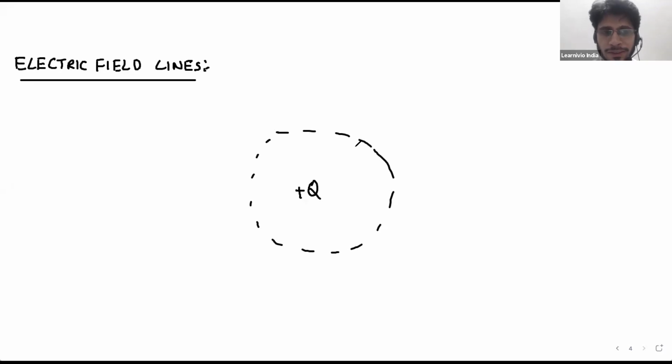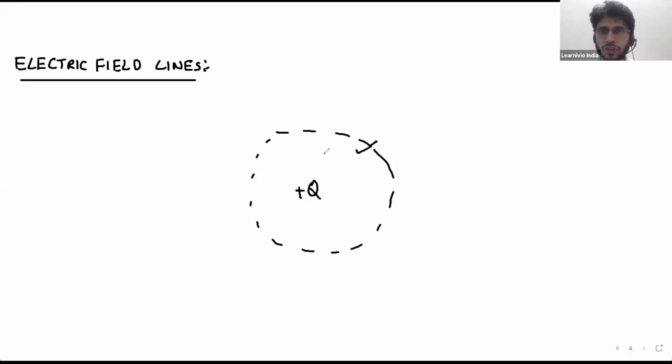But if you can somehow geometrically draw the field, then it's easier to understand the properties of the field. It's always easier to understand a quantity which you can see or which you can draw. So electric field lines basically give a geometrical explanation of the electric field. Although the electric field is not visible, we can draw some curves, some lines, some geometrical shapes just to show the electric field.